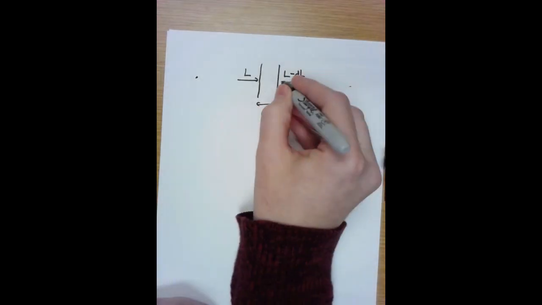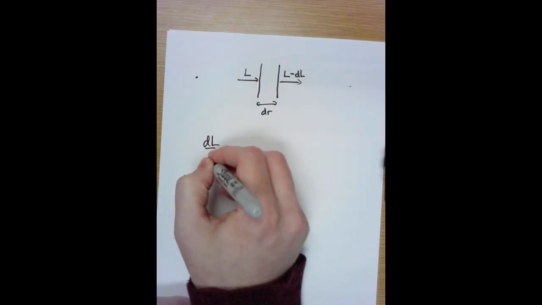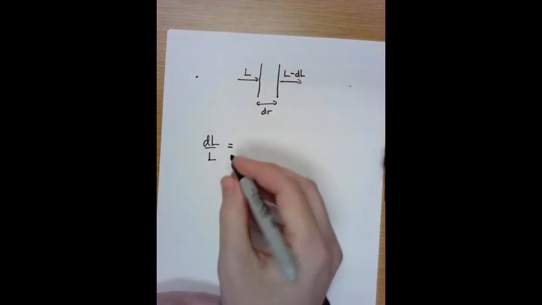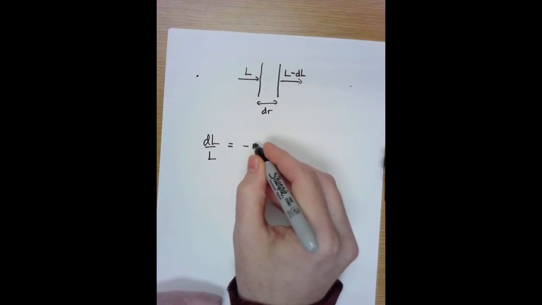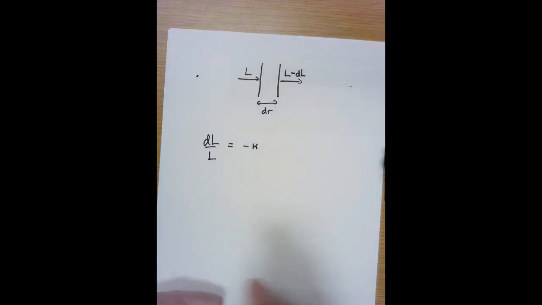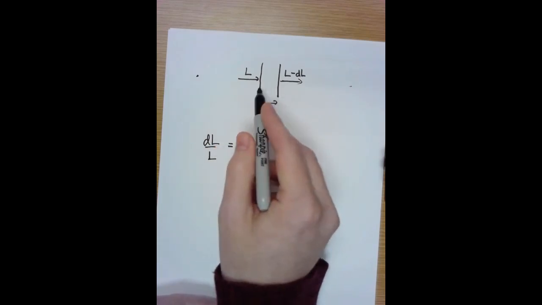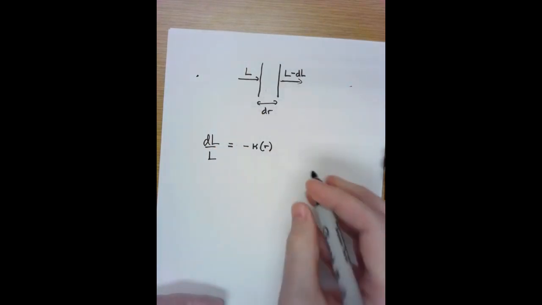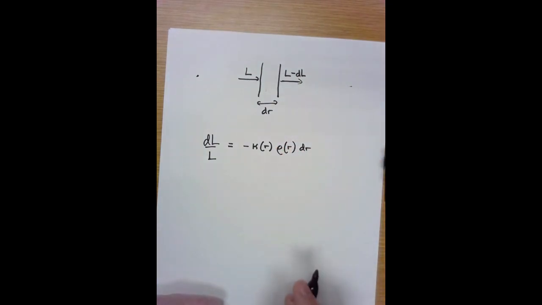So the fraction of the luminosity that is lost here is just dL divided by L. The opacity of the material is defined to be, we use the symbol kappa for the opacity, and it's defined such that the fraction of energy lost by the matter here is minus the opacity at this point in the star, multiplied by the density times the thickness of this layer here.